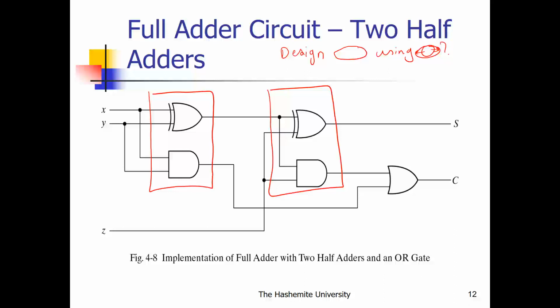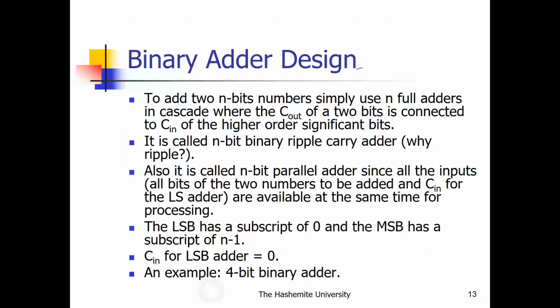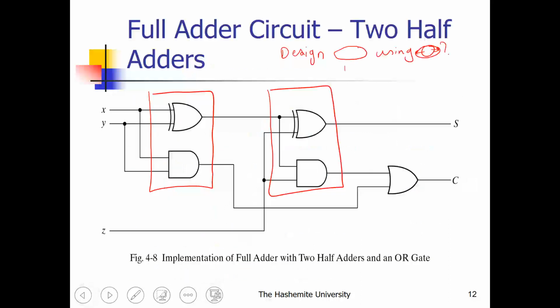In this case, you have to be clever in understanding the larger design and the small design. You have to understand their functions so that you can compose the larger design using those smaller blocks.